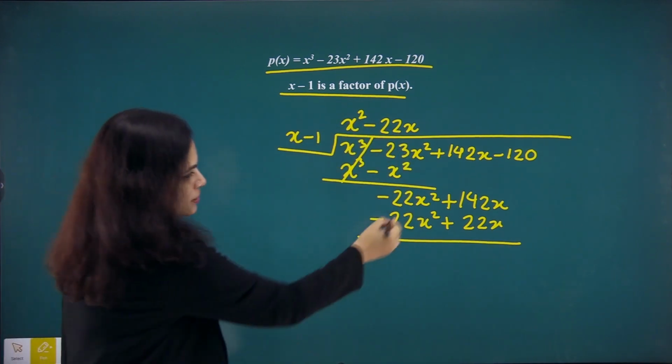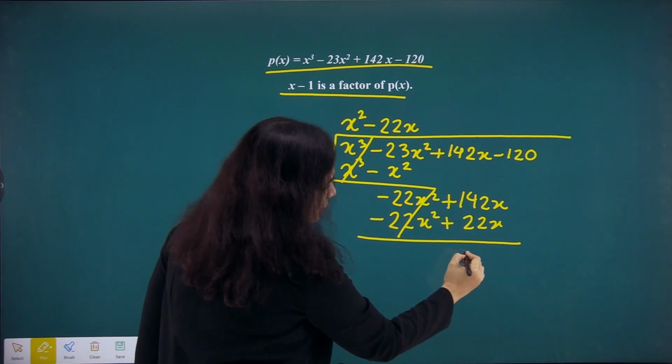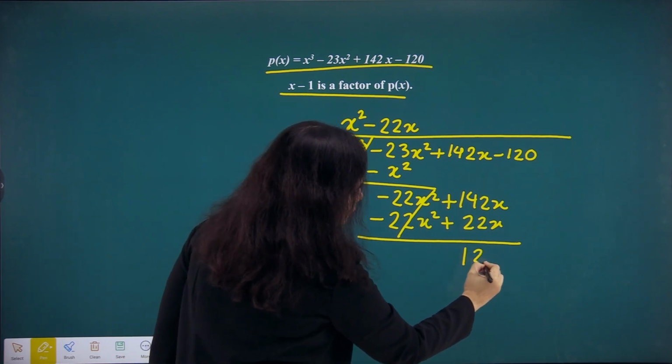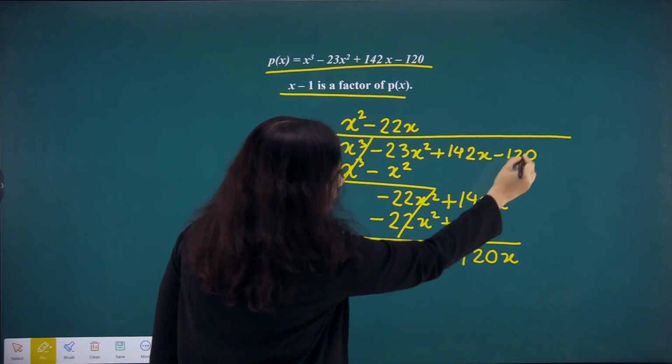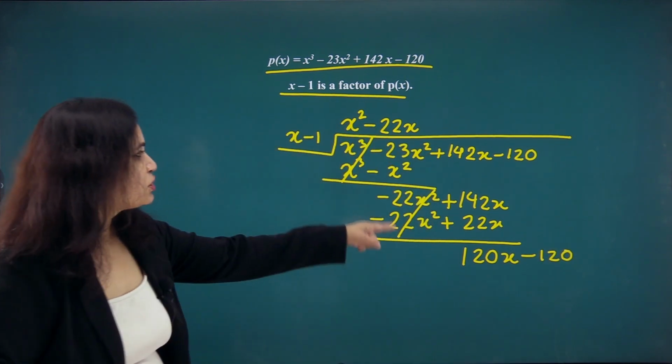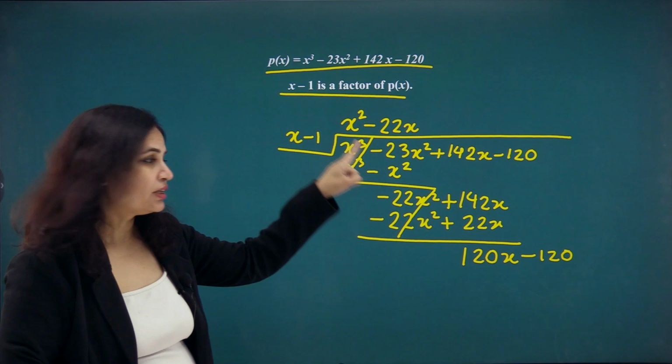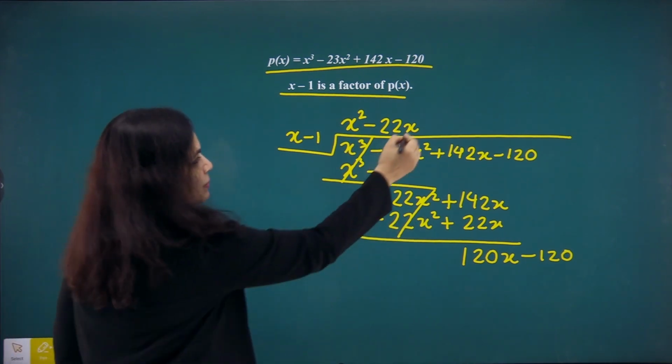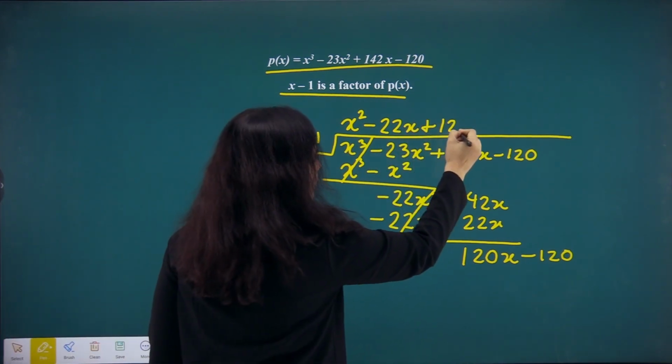On subtraction, 142 minus 22 will give you 120x, and then I will bring down the last term minus 120. The number which multiplied with x minus 1 will give me 120x is simply plus 120.